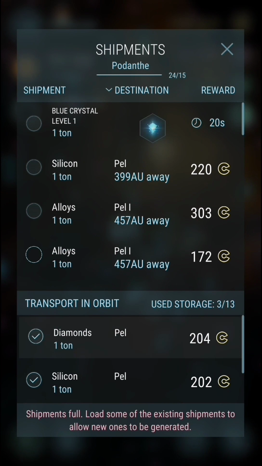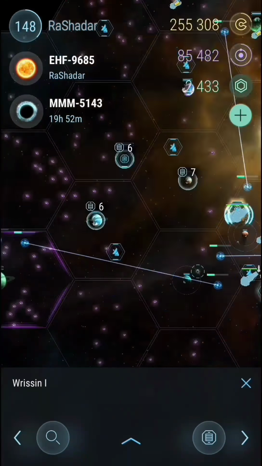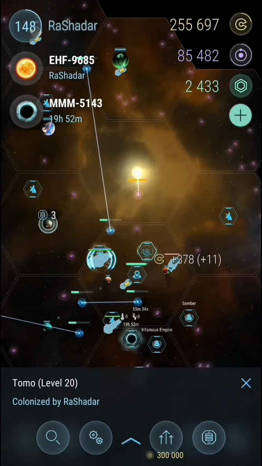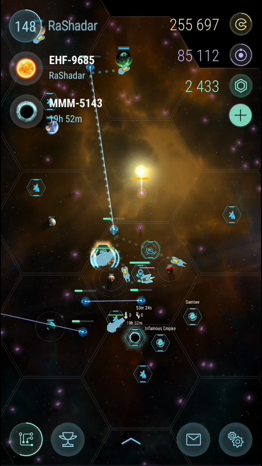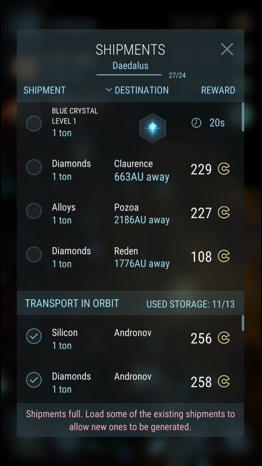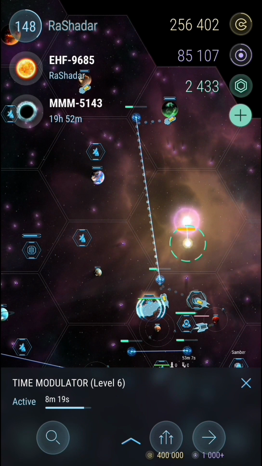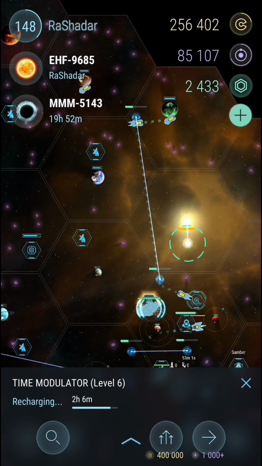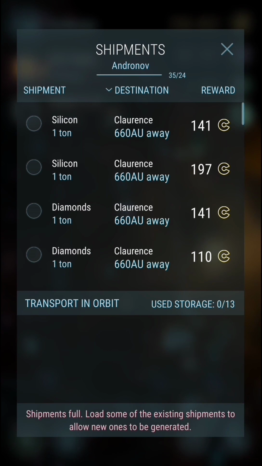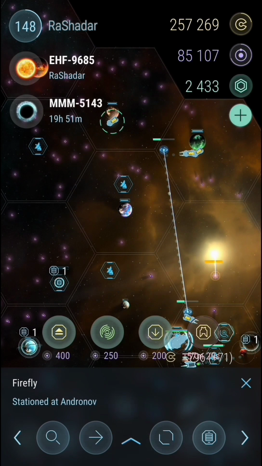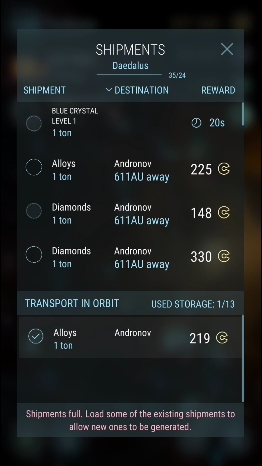The biggest issue I had is before I colonized Andronov and Daedalus, I was running Routh, Rendon, my trade station, and Clarence all together, and they were just a 4 planet hub or 4 planet cog. And so the biggest problem I ran into was it seems like no matter what I did, every time I ran it, there was one planet that got significantly fewer shipments sent to it.